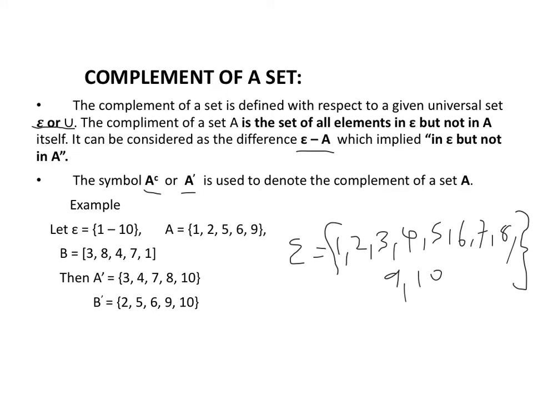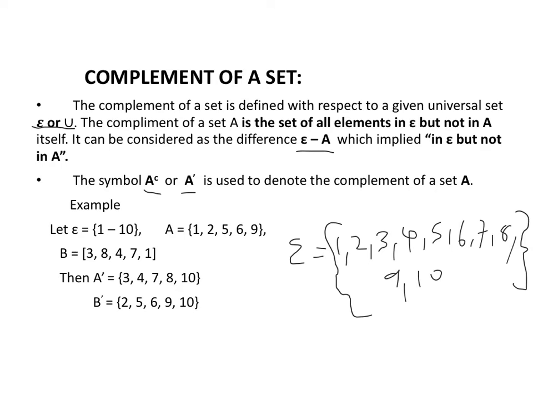These are the elements of the universal. So A is 1, 2, 5, 6, 9. The elements that are not in A but are in the universal are 3, 4, 7, 8, and 10.